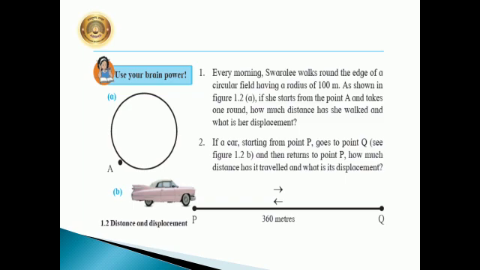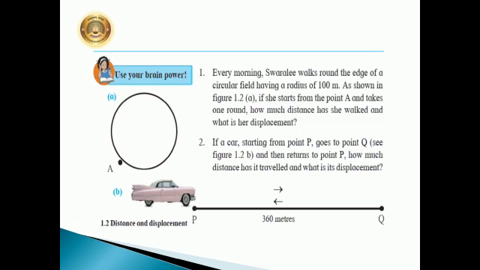So she is going to complete the whole circle. Now when she is completing the whole circle, what is her distance? It is the circumference of the circle. The formula for the circumference of a circle is 2 pi r. So 2 multiplied by 22 upon 7 multiplied by 100. Whatever answer you get is the distance walked by Swarali.